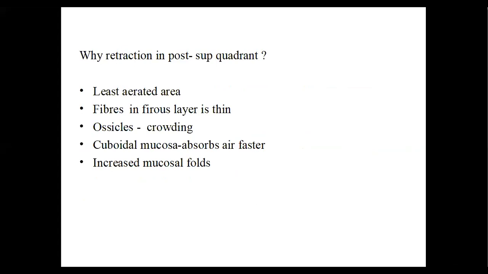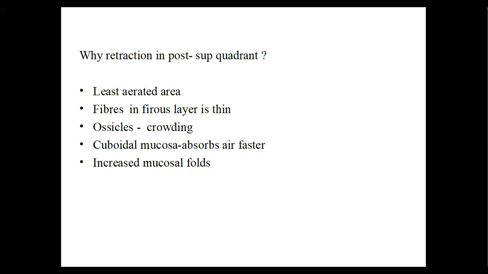Then, I already mentioned, there are just a few additional points. Why will you expect retraction in the posterior superior quadrant? The reasons behind this are: the posterior superior quadrant of the middle ear is the least ventilated area, so retraction develops here easily. The fibers in the fibrous layer of the tympanic membrane are haphazardly or loosely arranged, so it goes for retraction.